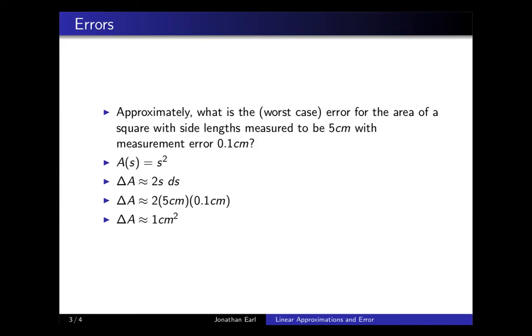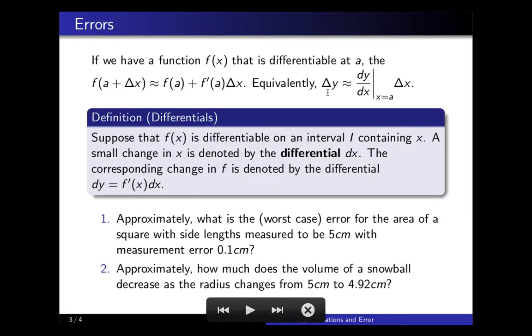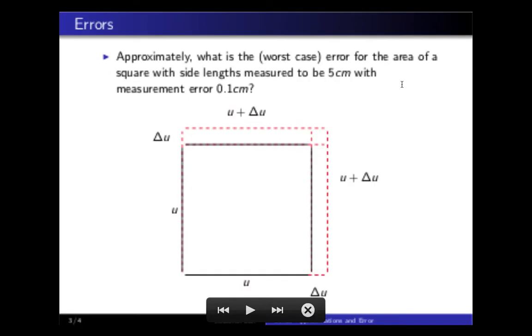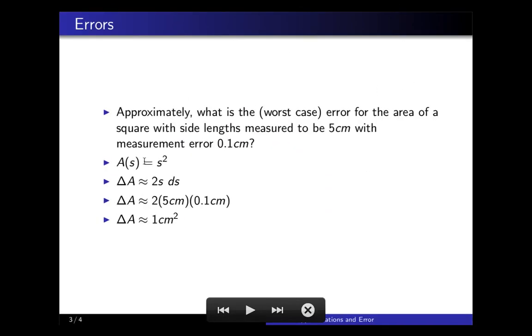Okay, so going back to this, we can approximate the area by finding the derivative, evaluating at the given side length, and then multiplying in by the error. So for illustrative purposes, we have our area for a square.